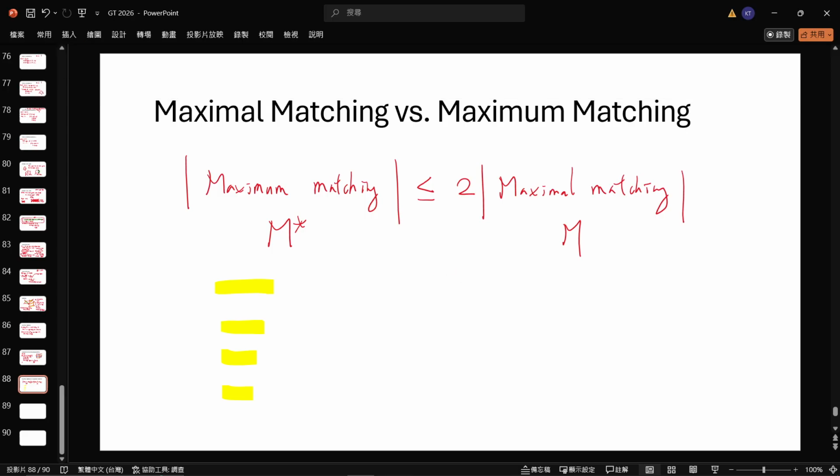So the key observation is, so this is M star. Is it possible that the maximum matching does not use this and this vertex?